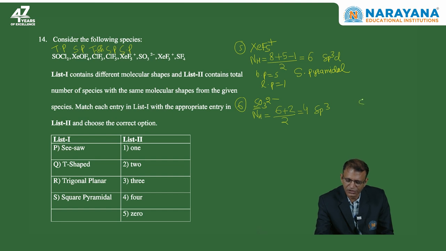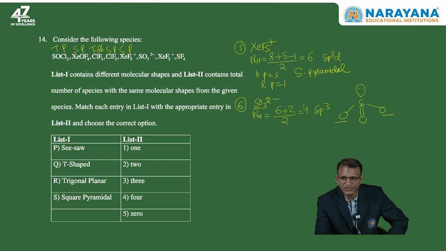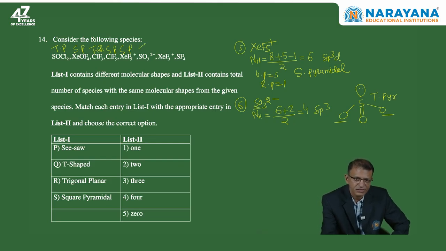If we try to draw the structure of this, sulfur has 6 electrons. So there are 2 oxygen atoms with single bonds, they have negative charge, and 1 oxygen with a double bond. So this is the structure. Again, this is a trigonal pyramidal structure. So this again has a trigonal pyramidal structure.